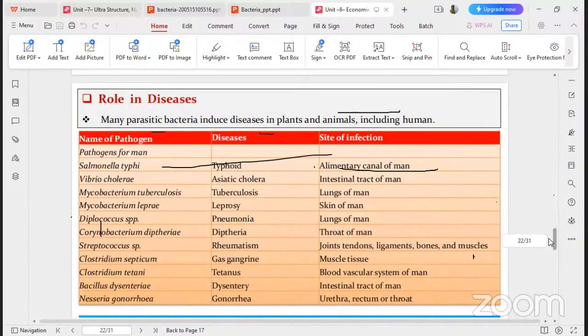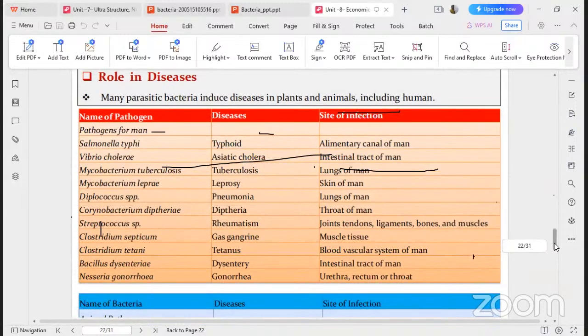And so many diseases are caused to human beings: typhoid, cholera, tuberculosis, leprosy, pneumonia, diphtheria, rheumatism, gangrene, dysentery, gonorrhea, syphilis. These are all diseases caused by bacteria.